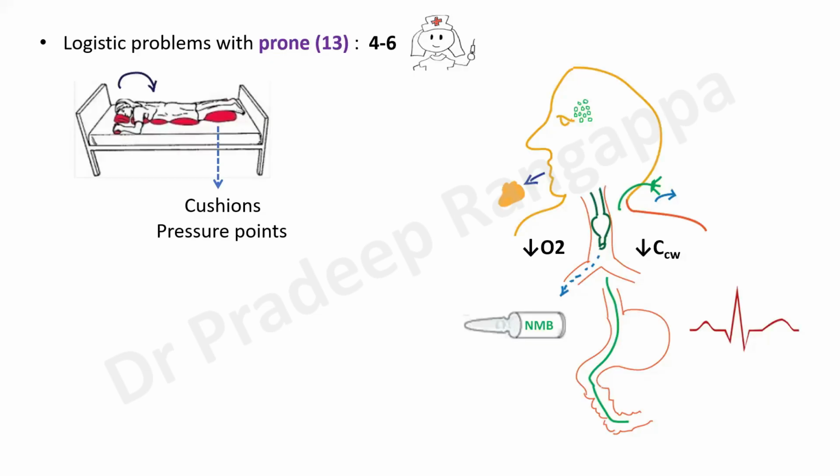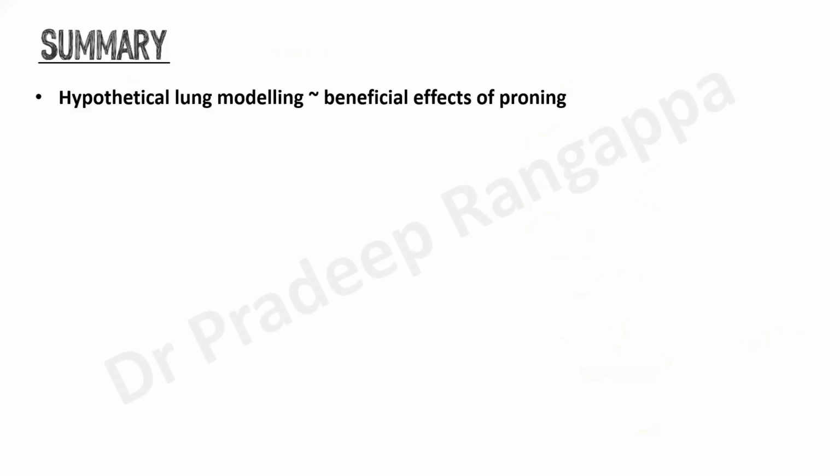So that's in brief the overview on proning. Summarily, as I said, there is hypothetical lung modeling which tells us there are beneficial effects of proning. When we talk about hypothetical lung modeling, they look at the lung as a conical structure within the cylindrical chest wall, which is rigid, and there is an effect of the diaphragm also on shape matching. There are three components one needs to remember on how proning helps.